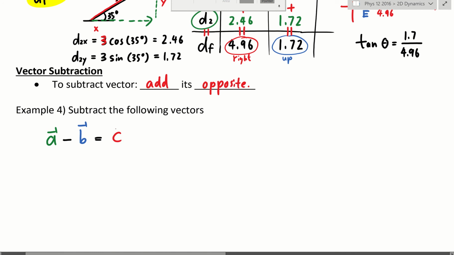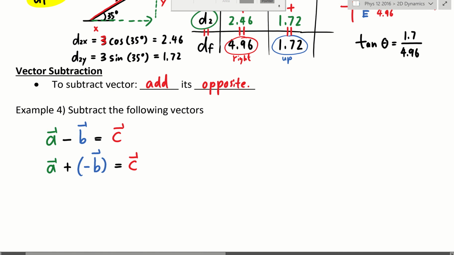So two numbers subtracting. What you need to do is just keep the vector A, and then in your drawing, get vector B flipped over. So it becomes like a negative vector B, and then you can add it together to get your resultant. So you just want to flip it over.